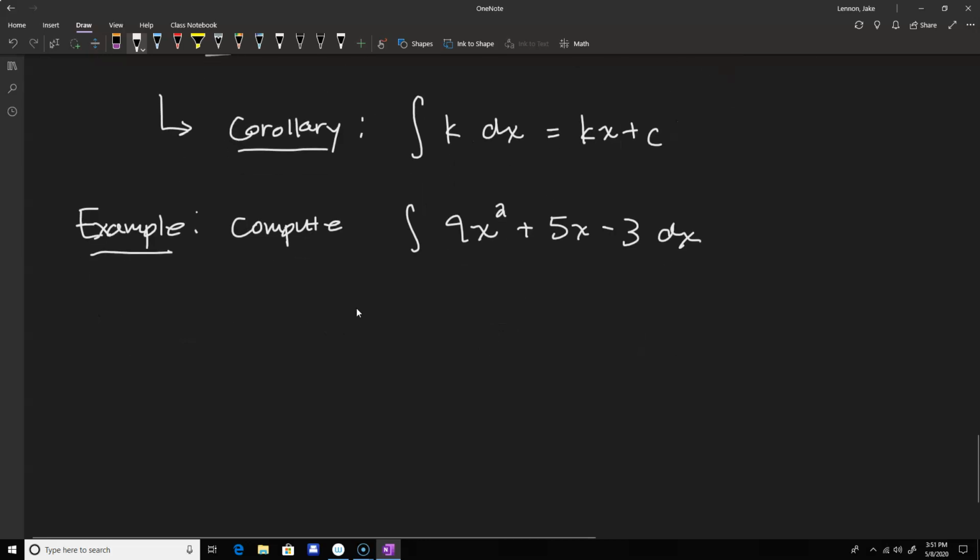And then basically we just do each part separately, right? So this time I'm not actually going to write them all out and specify the properties. The first part would just be 9x cubed over 3. The second one would be 5x squared over 2. And 3 is a constant at the end, so that would be minus 3x and then plus a constant. So that would be your basic antiderivative.